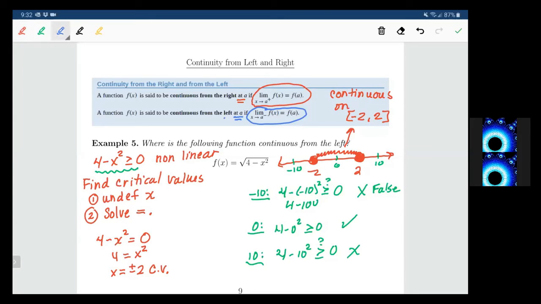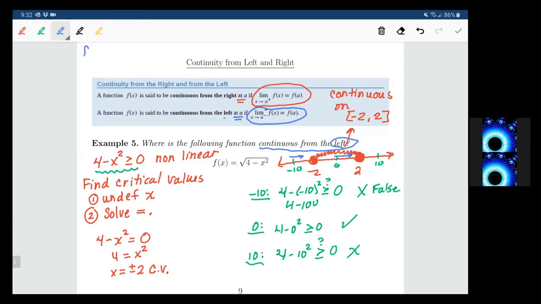Now we have to answer the question we were asked. We're asked, where is the following function continuous from the left? And we can see then we can't approach the function from the left in this direction because the domain is not defined there. So we can't approach from the left at x equal 2.